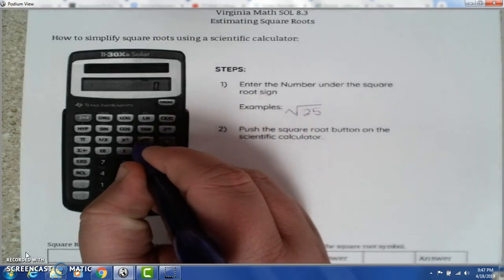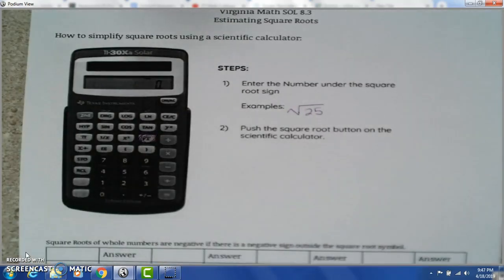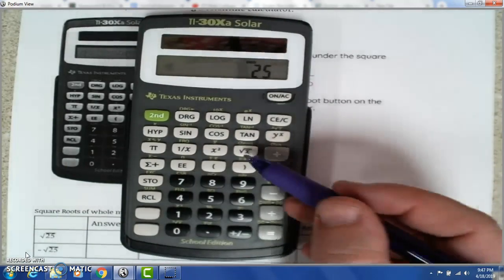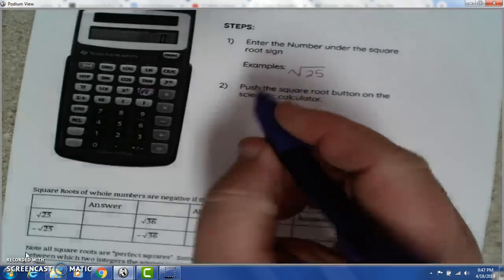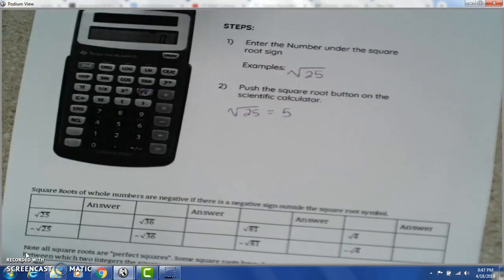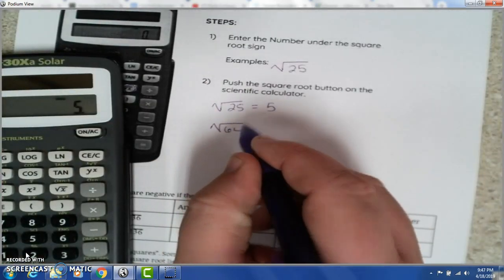This is your square root key, okay? So 25, remember that button. The square root of 25 is 5, okay?